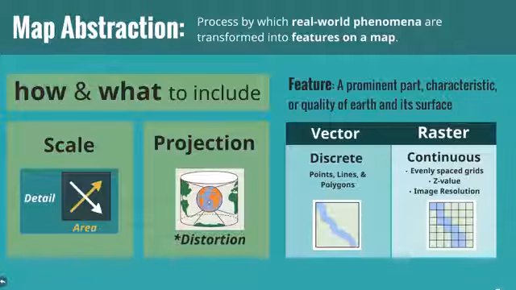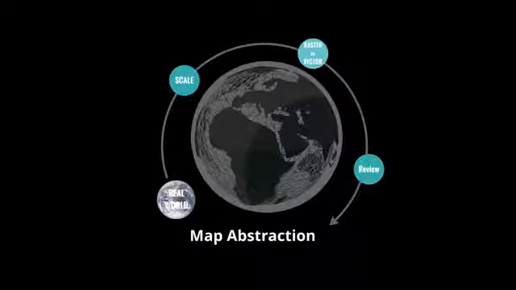Next, we need to consider how we want to represent the features of the Earth within the digital environment based upon how they are measured, either as a discrete feature or as a continuous one. So again, understanding these high-level decisions behind map abstraction will facilitate our learning of geographic information systems.